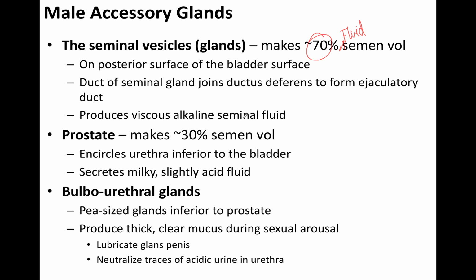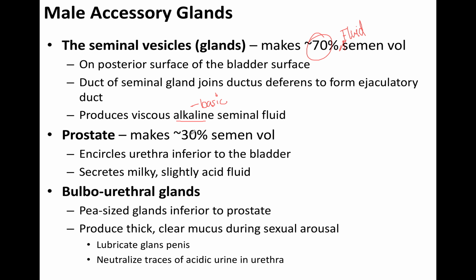So the seminal vesicle fluid is usually alkaline. What that means is basic. Okay, that just means not acidic. It also will include a couple of other important things like prostaglandins, which actually help with uterine contractions. It includes things like fructose, because you need a power source, and I'll explain that in a minute.